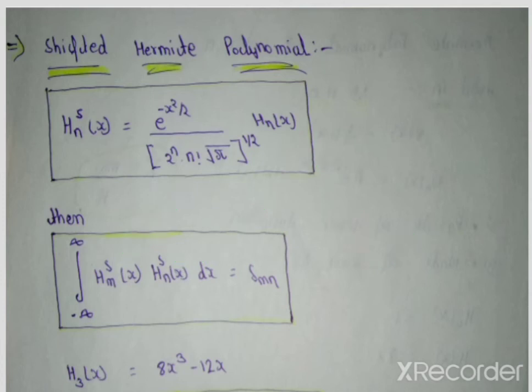Now, how to use this formula. We know that H_3(x) is 8x³ minus 12x, and this is used here.